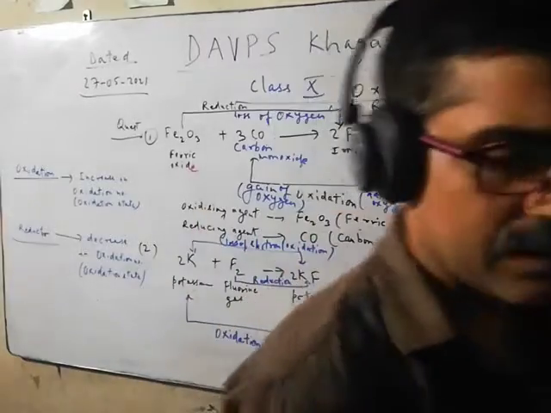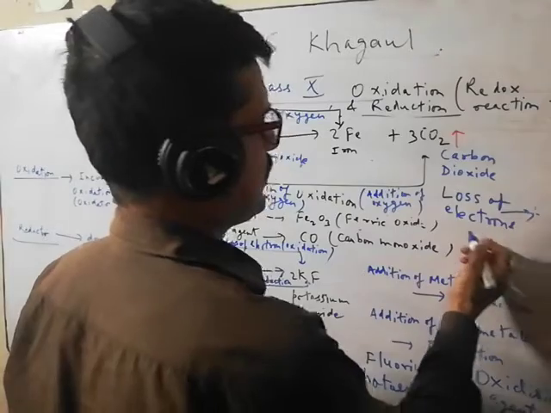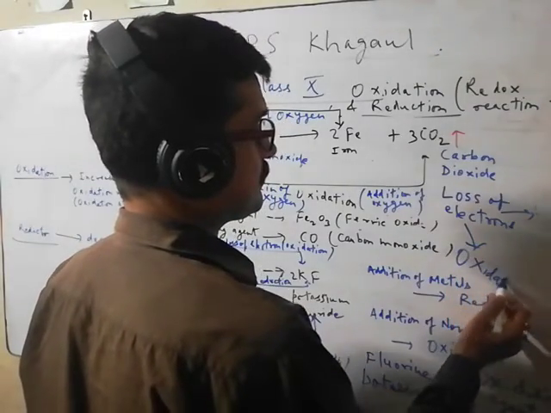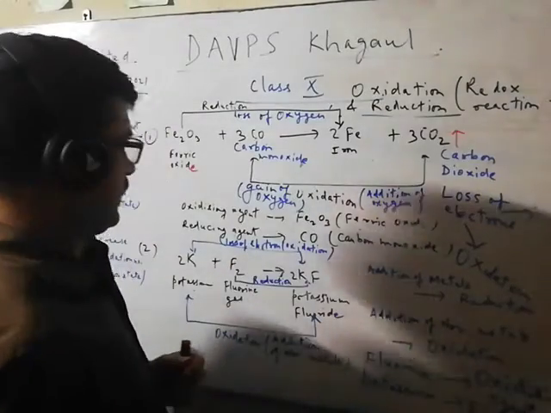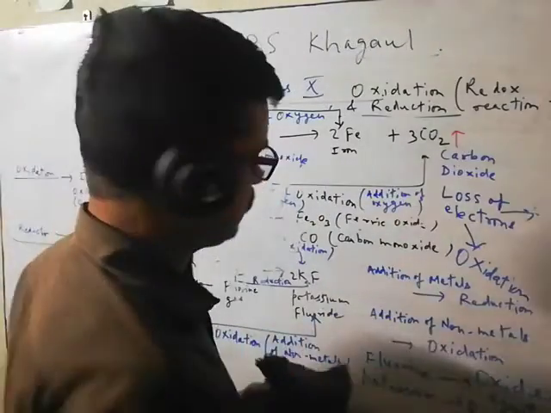Okay, loss of electrons is oxidation. Then again, we will go through some more reactions.